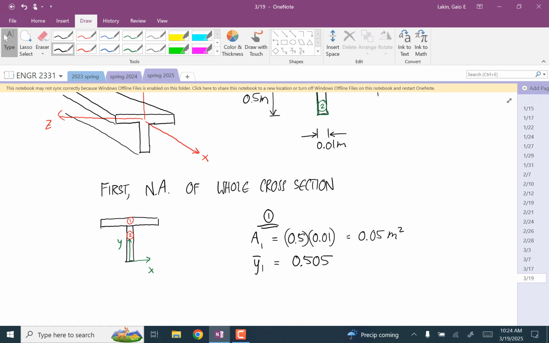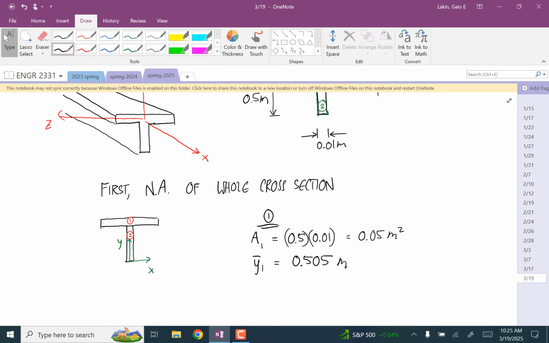I put my coordinate system somewhere else before, so those notes don't help. Okay, with me on that? I think the area is supposed to be 0.005 meters squared. Yes, I think you're just missing a 0. Okay, thank you, great.